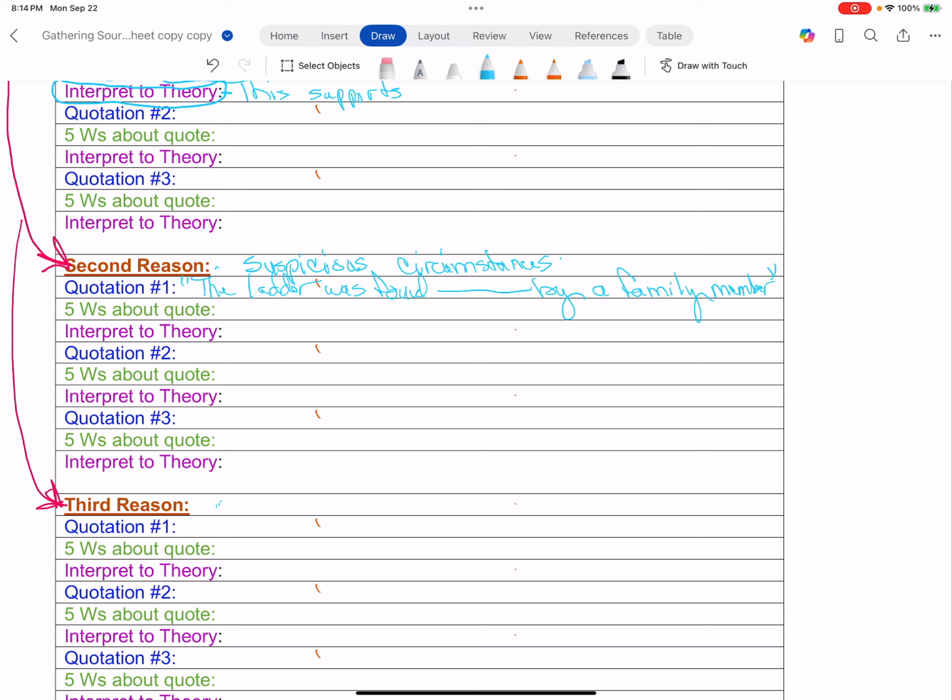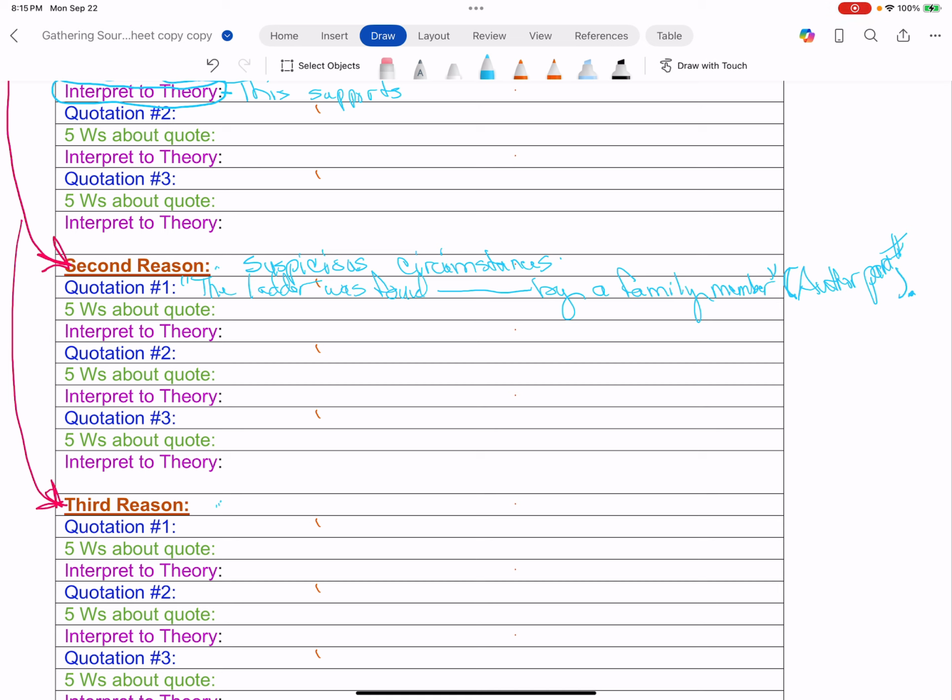Quotation mark, then citation. Citation information goes in here: author, paragraph number, period. So then the next part is 5 W's about the quote.